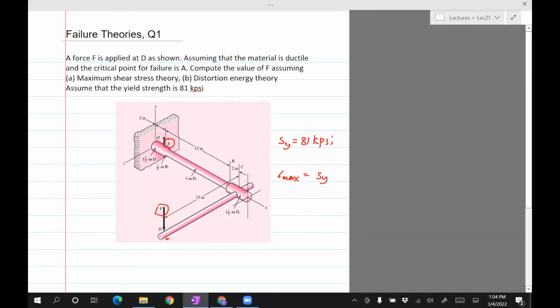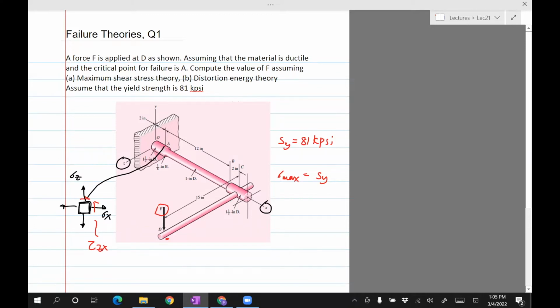So we're told that A is the critical point. So what we need to do here is identify what the stresses are at A. So this is our stress element at A, sigma x. You can see that this stress element now will be in the x z plane. So sigma x, sigma z, and then there would be shear stresses, in this case, tau zx.